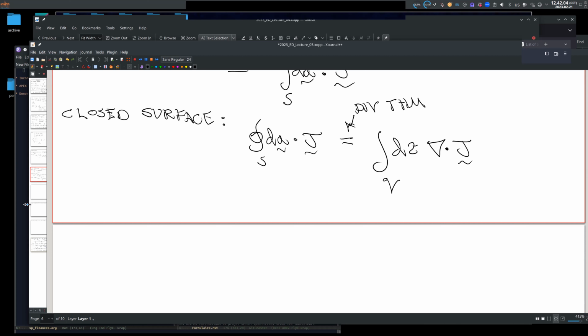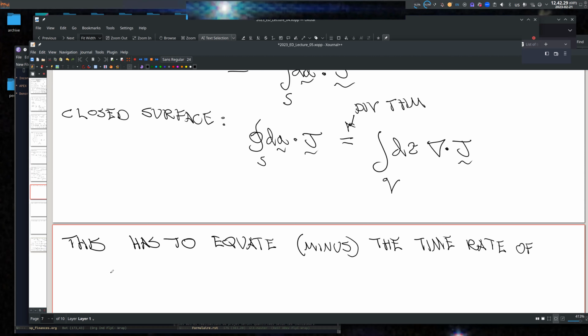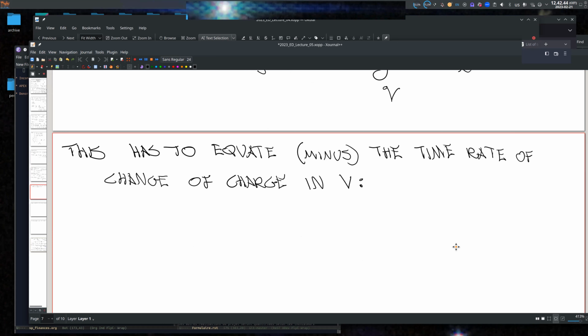So this has to equate minus the time rate of change of the charge in this volume V. And what is this time rate of change of the charge?